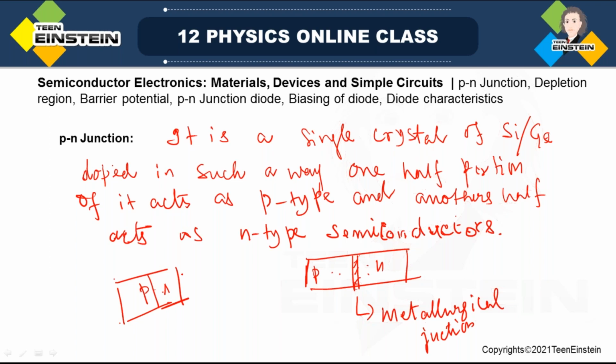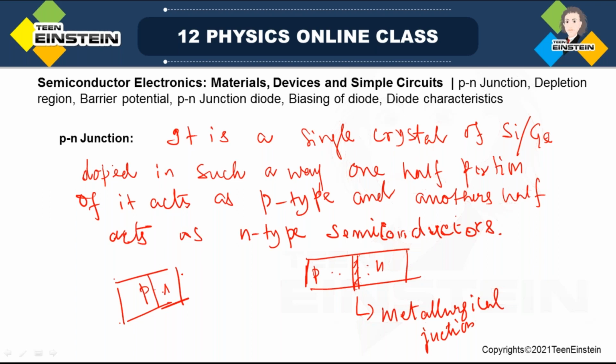It is not like taking silver and copper, melting them and making a junction. It is not like that. So this is a continuous junction, but still this junction region has very interesting physics. We'll see behind it, and this junction is the important part of the diode.